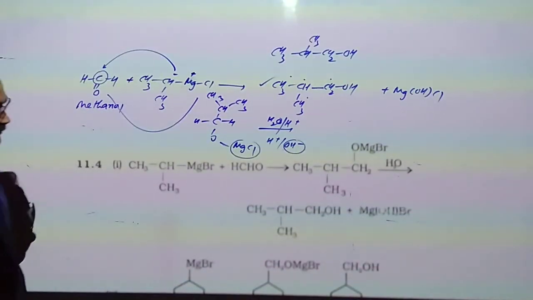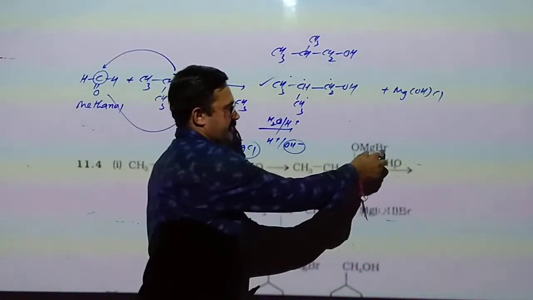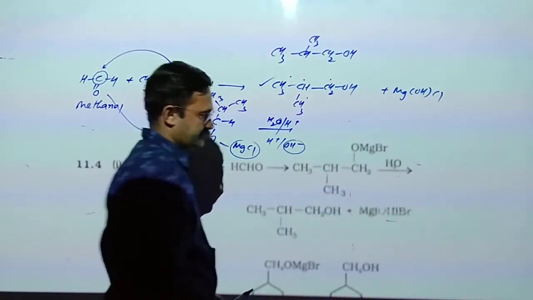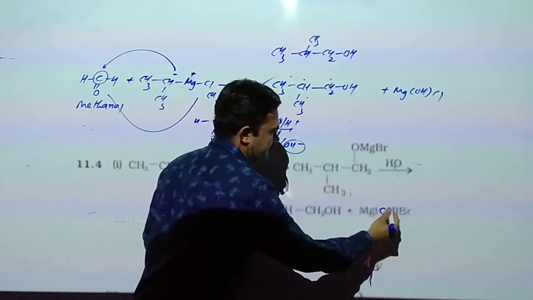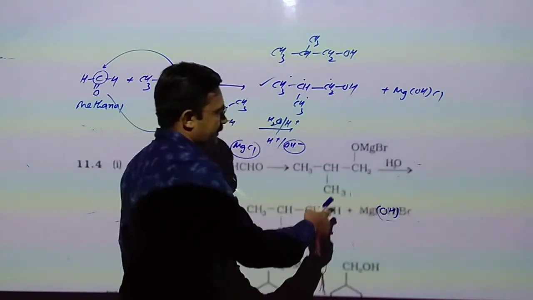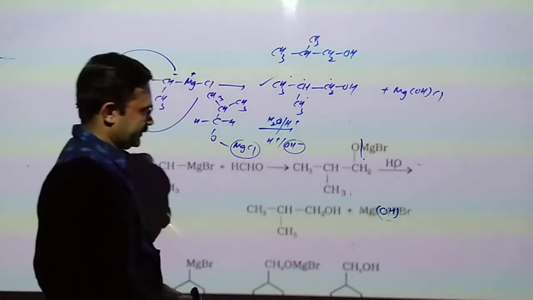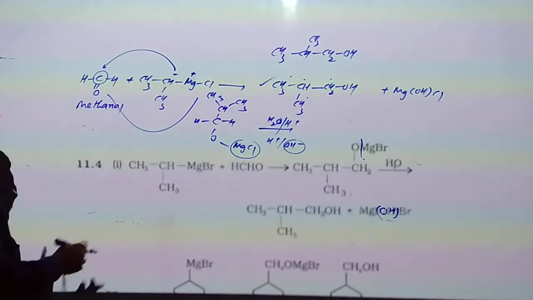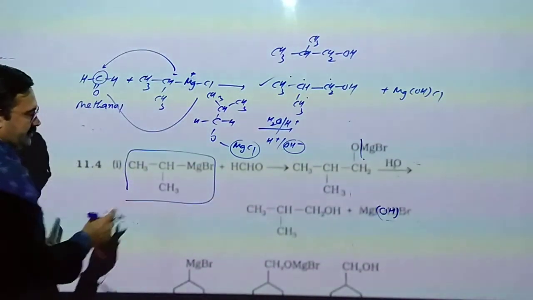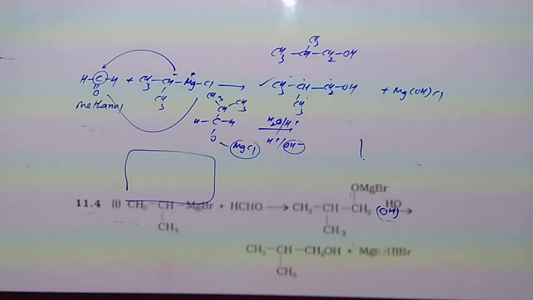Reaction with water removes MgOHBr, and hydrogen combines. So it gives our product. So our answer is isopropyl magnesium bromide.